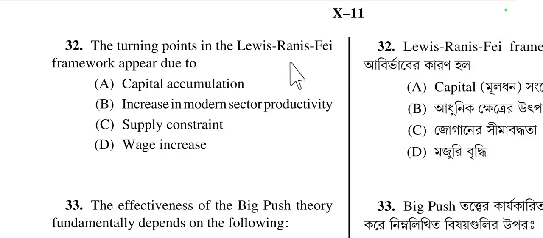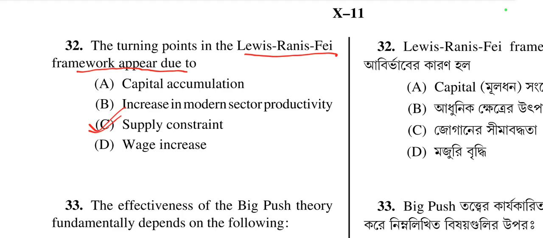The turning point in the Lewis model framework appears due to capital accumulation, increase in modern sector productivity, supply constraint, or wage increase. So the turning point in the Lewis framework appears due to supply constraint, because in the Lewis model framework, the turning point occurs due to structural changes in the economy as labor transitions from the traditional or agricultural sector to the modern or industrial sector.